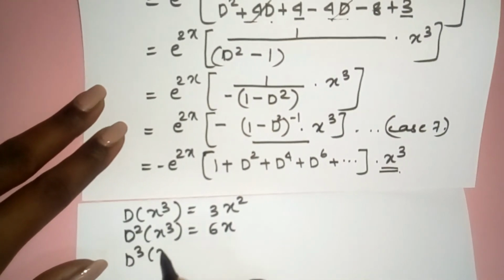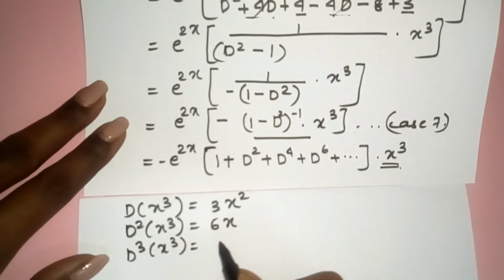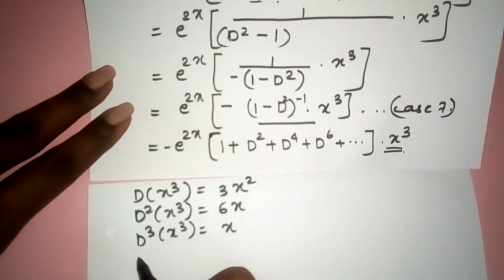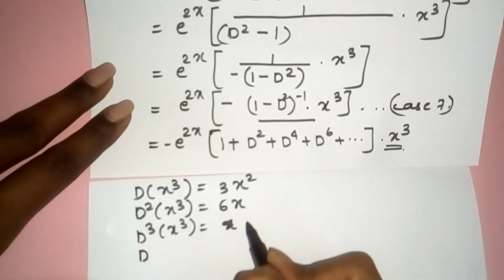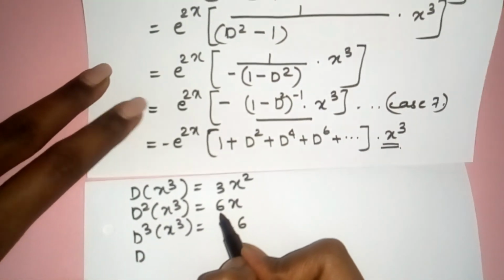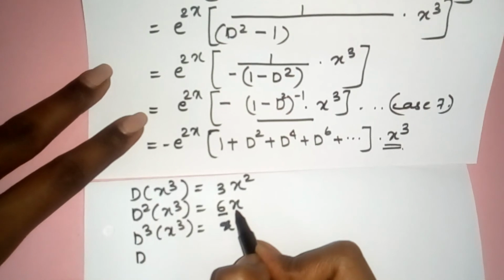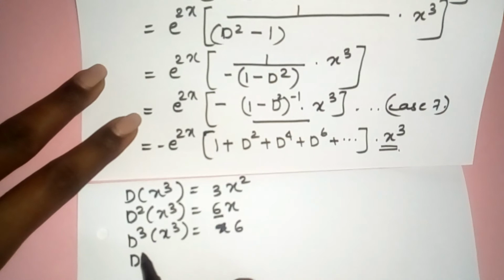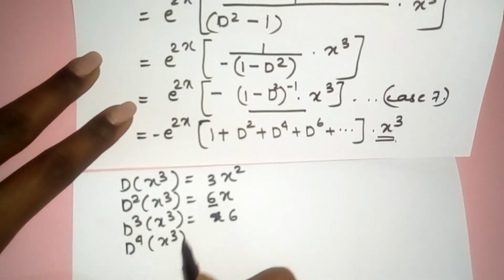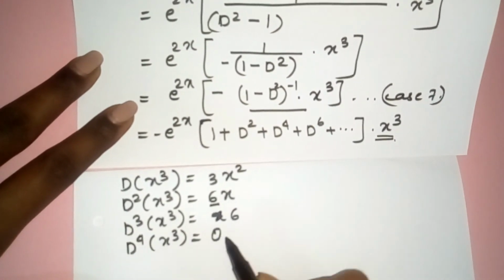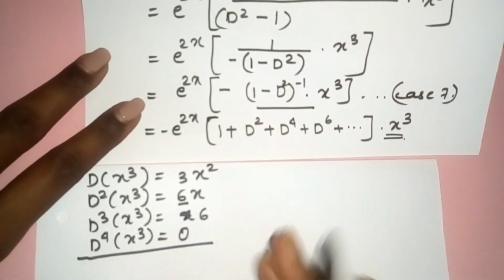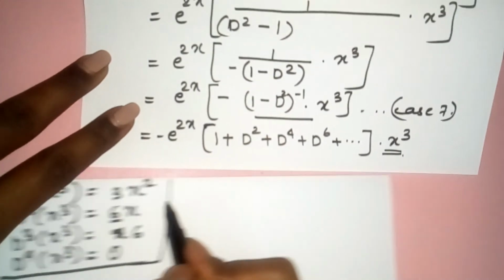D cube of x cube is equal to 6, because 6 we take outside, and derivative of x is 1. So 6 into 1 is 6. Then D raised to 4 of x cube is equal to 0. So now these are the derivatives. Now we'll try to solve this part.